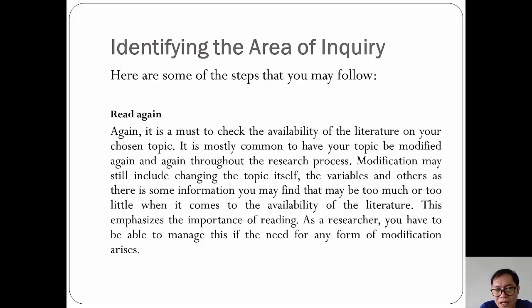So the variables and others, as there is some information, you may find that there may be too much or too little when it comes to the availability of the literature. This emphasizes the importance of reading. As a researcher, you have to be able to manage this if the need for any forms of modification arises.